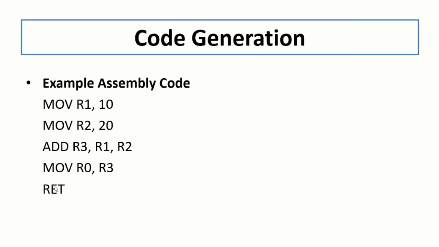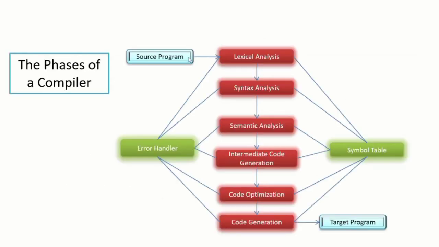Finally, we got the target code or assembly code using the 6 phases of the compiler. In these phases of the compiler, first the high-level language is given as input to the lexical analyzer, then the lexical analyzer converts it into a stream of tokens. After that, the stream of tokens is given as input to the syntax analyzer, which converts it into a parse tree.